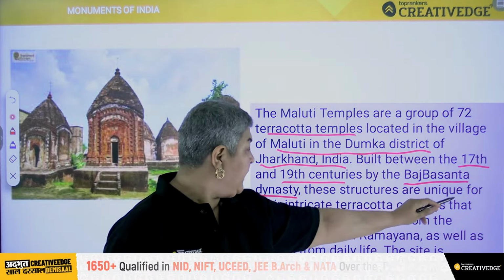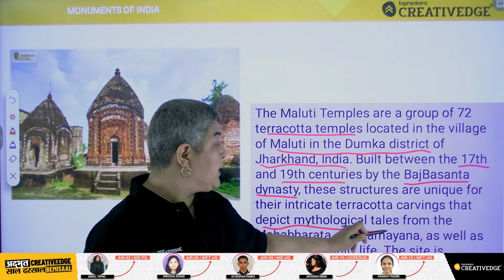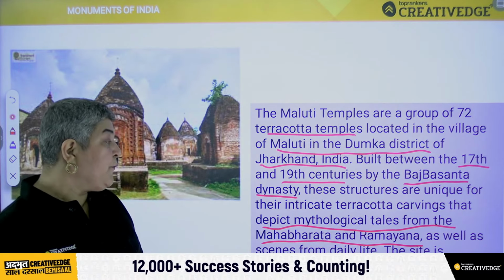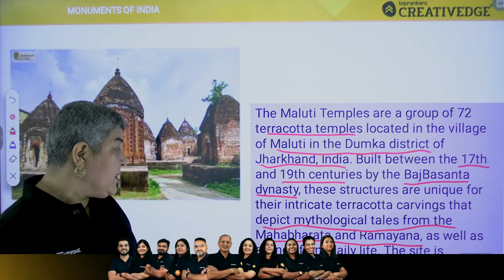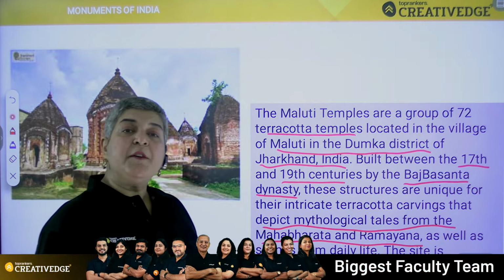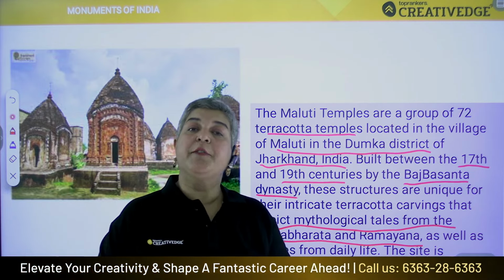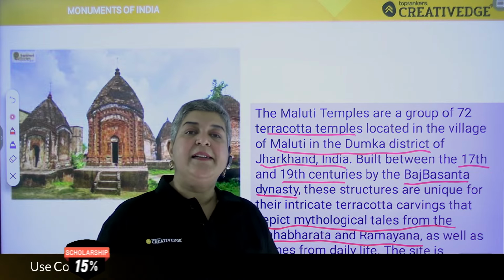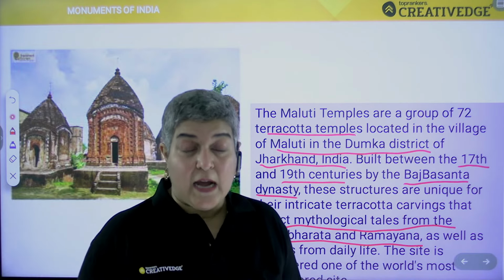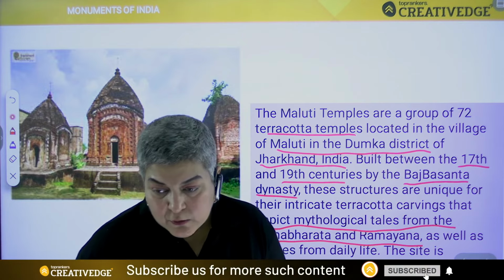These structures are unique for their intricate terracotta carvings that depict mythological tales from the Mahabharata and the Ramayana, as well as scenes from daily life. The site is considered one of the most endangered sites. Guys, it is hidden below, but it is written there that it is considered one of the most endangered sites. You have heard of endangered species and animals; an endangered site is one at risk of disappearing. We will never be able to see a terracotta temple again. I think this is actually the first time we are hearing of a temple made of terracotta.